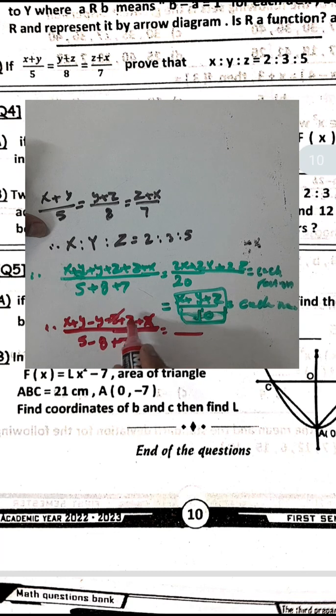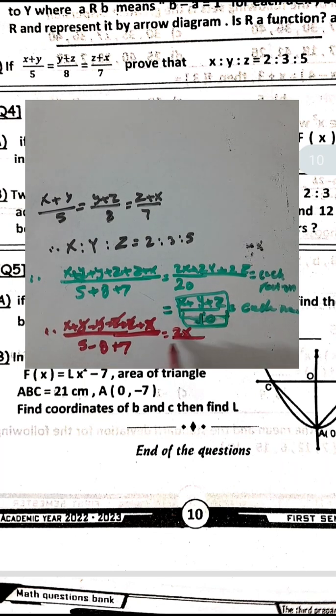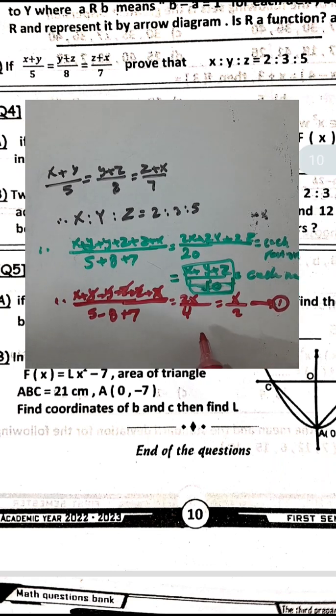And then we can cancel z with z and y with y. The result will be 2x over (5 minus 8 is -3, plus 7) which is 4. Then the result will be x over 2. It's relation number 1. Okay, it's the first relation.